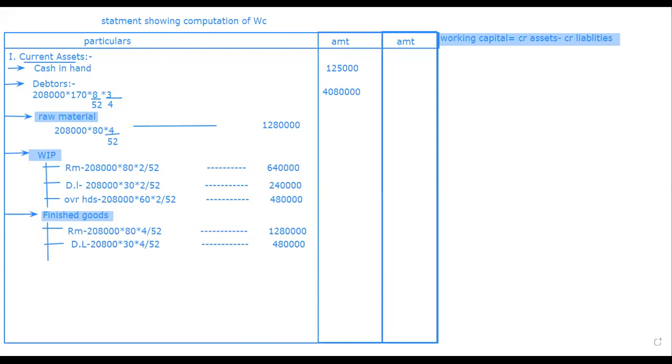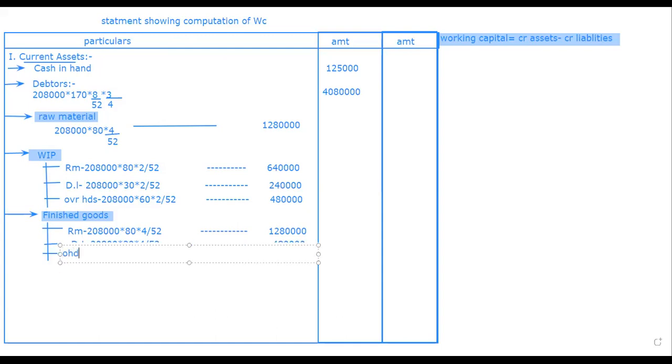And the last one, it is going to be the overhead. Let me adjust first. The same thing will be applied here.